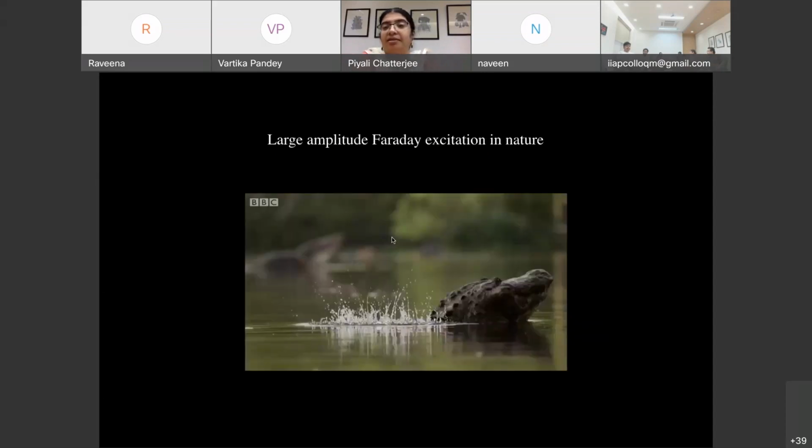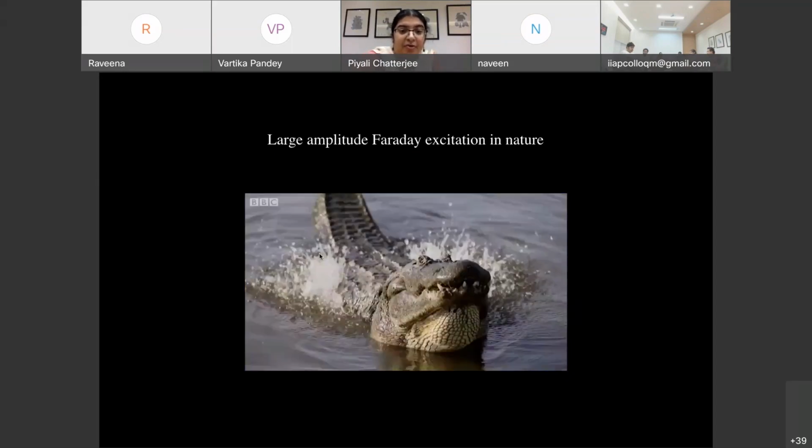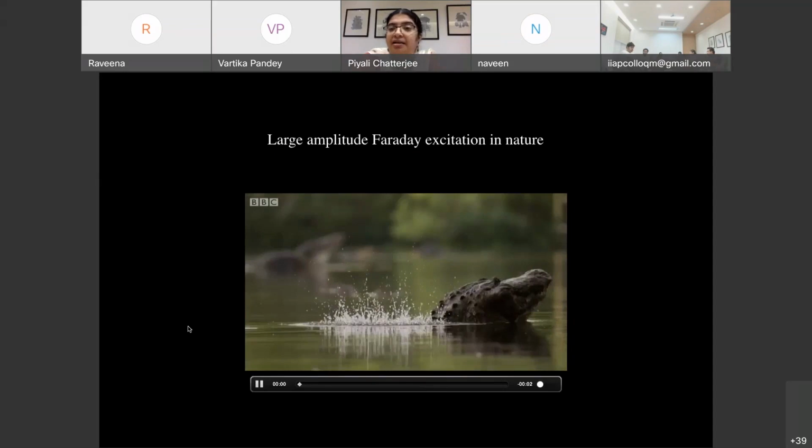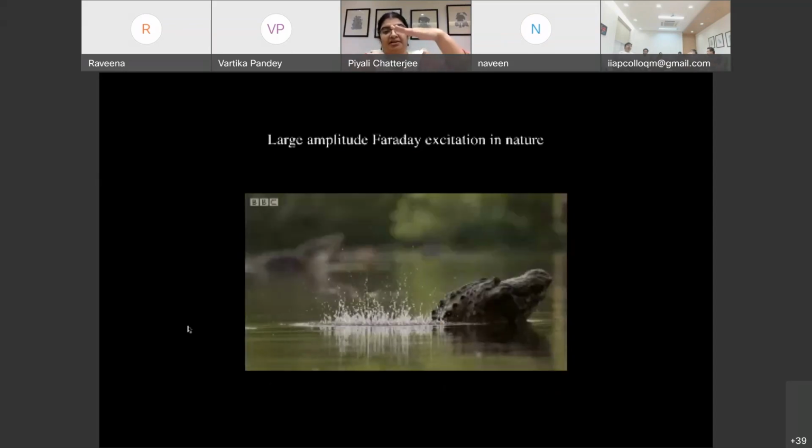So now when you make your amplitude really large, you see an interesting phenomenon, something that we also see in nature, which is the water dance of a male alligator. What these alligators do is they submerge their neck a little bit under the lake's surface, and they sing.